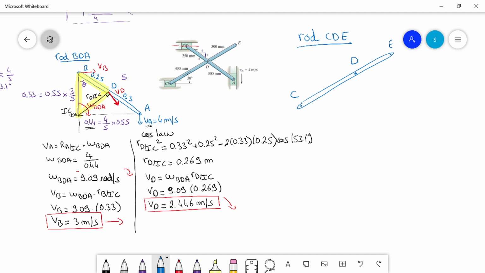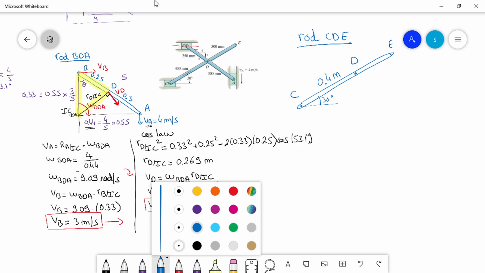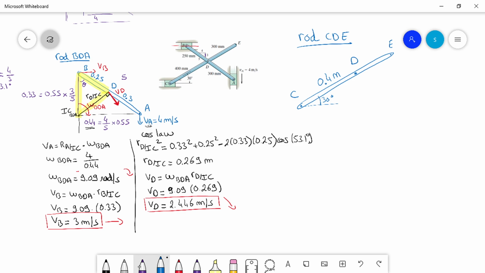We know that between C and D it's 0.4 meter, and we know that the angle between the horizontal and CD is 30 degrees. We know the velocity VD. Okay, let's draw the IC. So we add the rod.